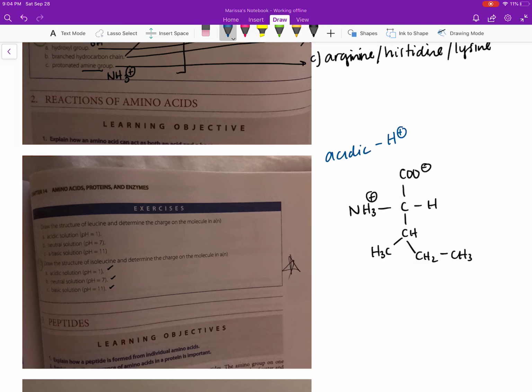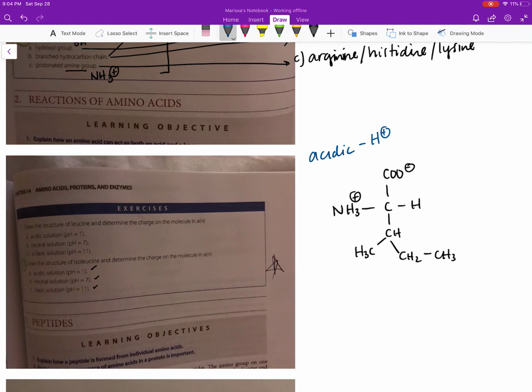So if we're looking at this particular structure right here, if we're in an acidic solution, this carboxylate group is going to want to take one of these protons, but there isn't a negative charge anywhere else on the structure where we would need or could accept or donate a proton. Okay.